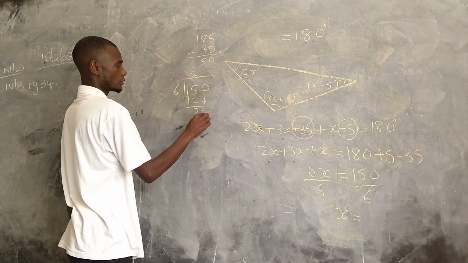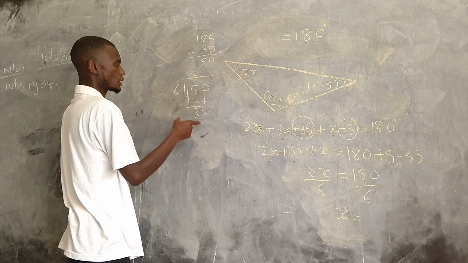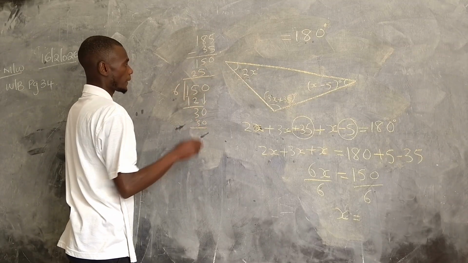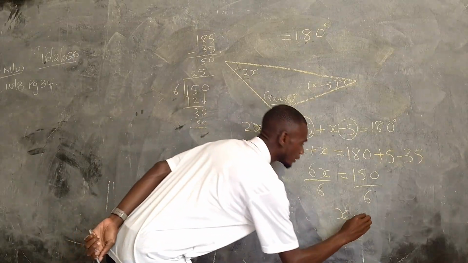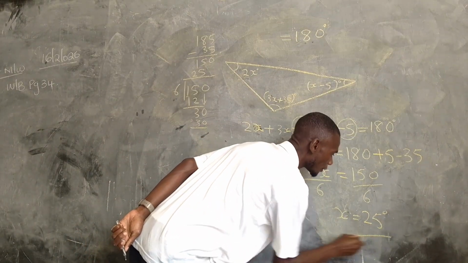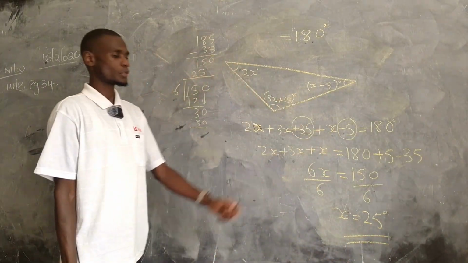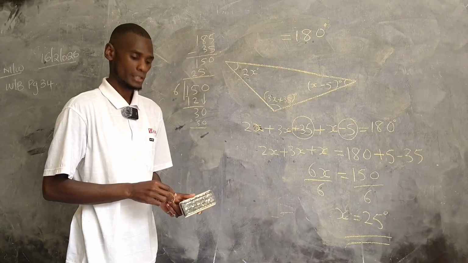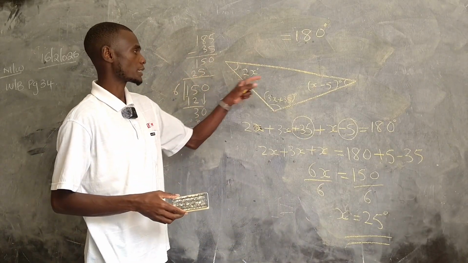Then you bring down 0. 6 goes into 30 five times. 5 times 6, 30. So 1x is 25 degrees. But that was not the question. We have only found the value of 1x to help us solve these things.